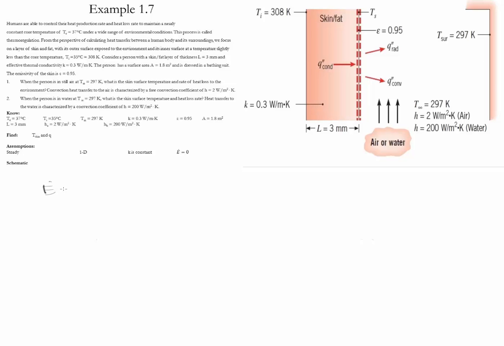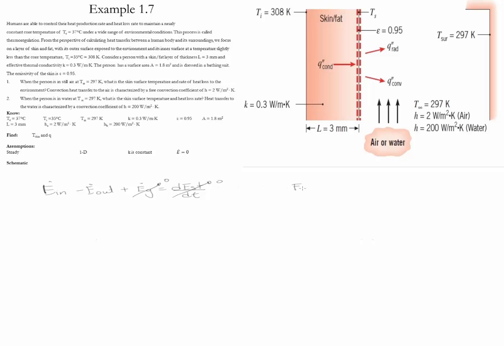We have the energy going in minus the energy leaving plus the energy that is generated is equal to the change of the energy that is stored. Since this case is steady, this value is equal to 0, and there is no energy generated, so this is equal to 0.